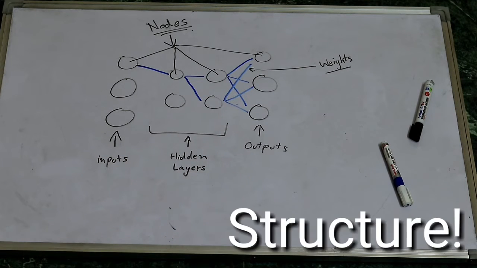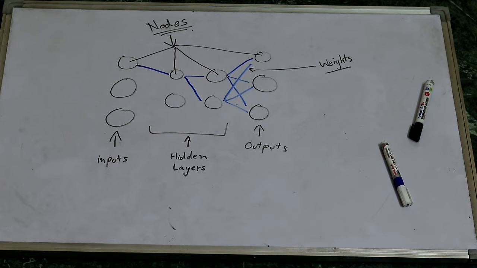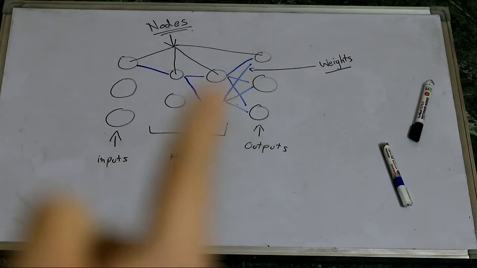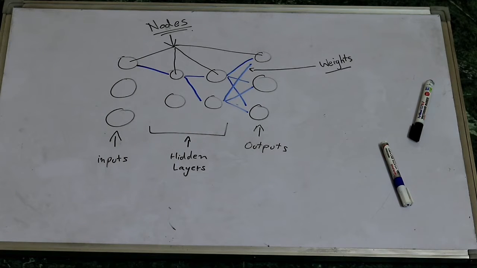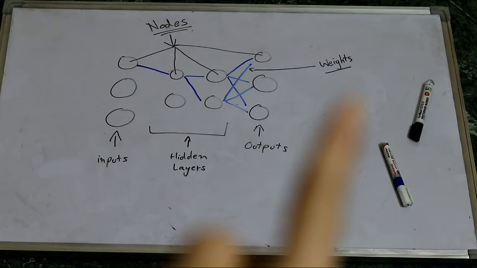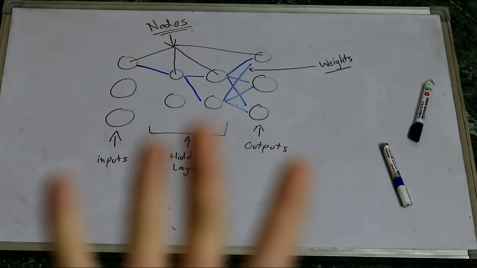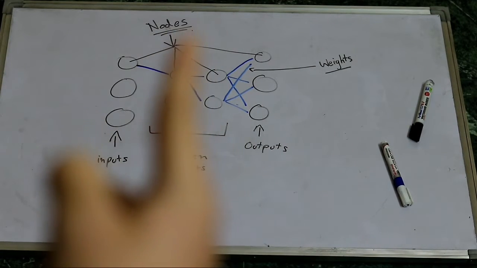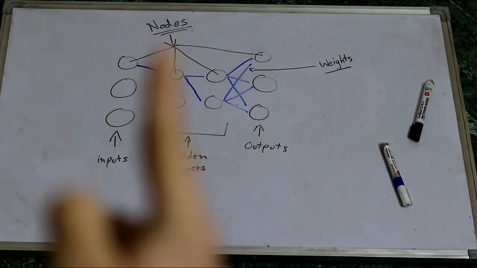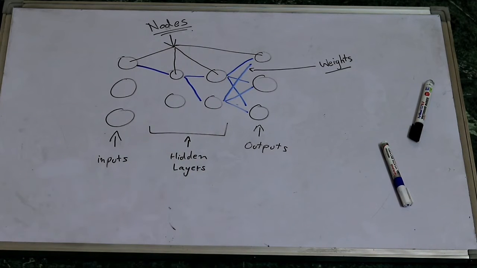Now that you know it, let's get to its structure. It has some circles in it, as shown here. These circles are called nodes, and we have specified certain names for certain nodes. The first row is the inputs, the last row is the outputs, and anything that comes in between is considered hidden layers.